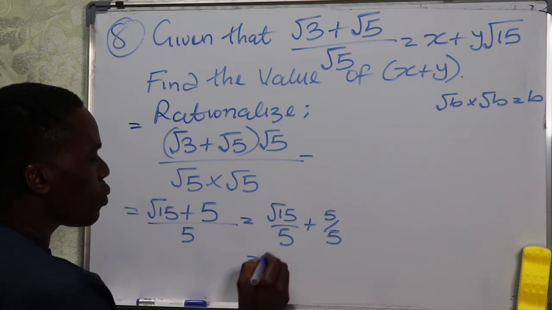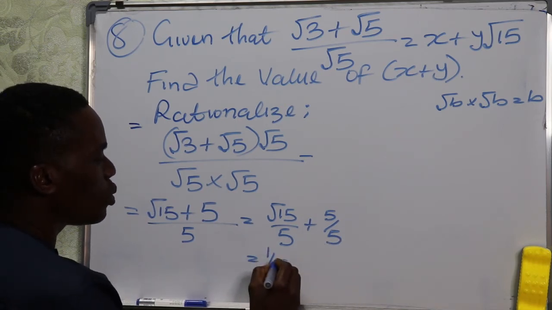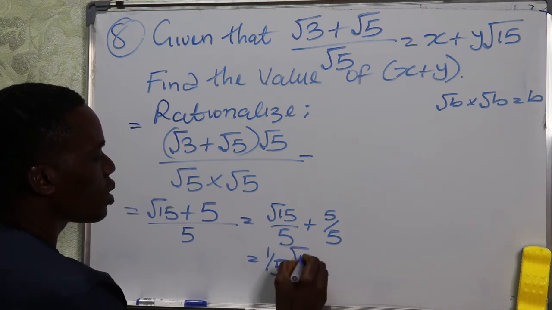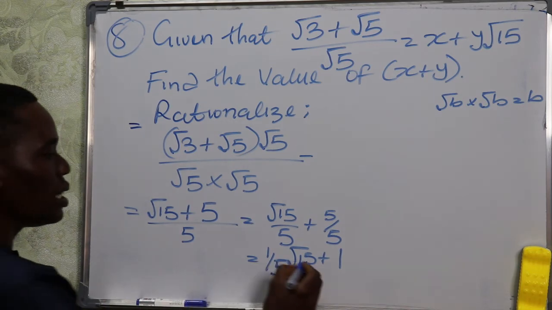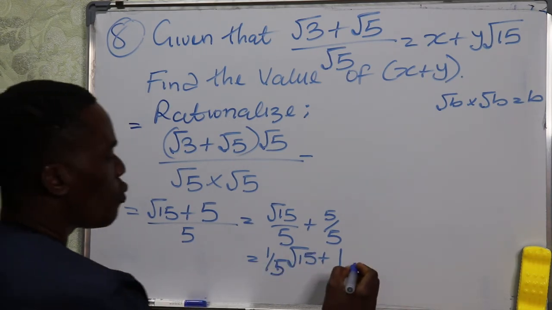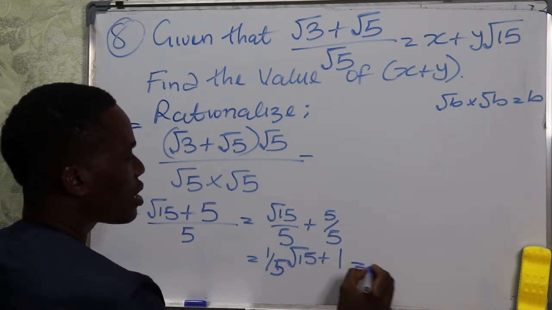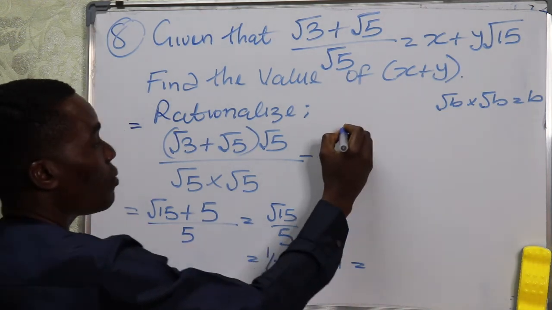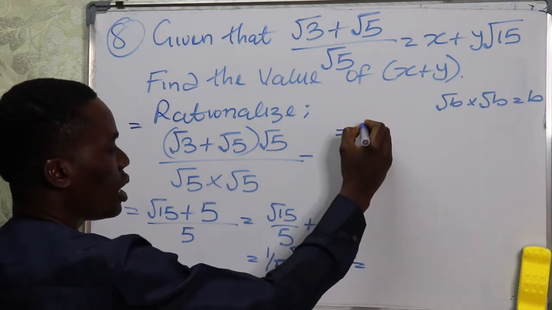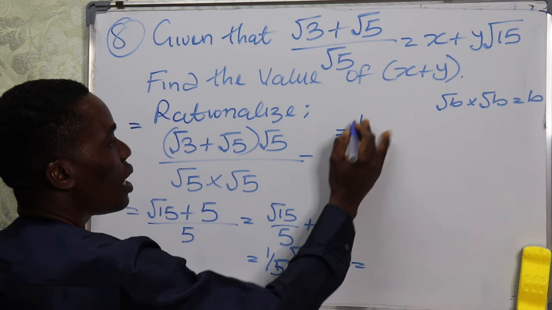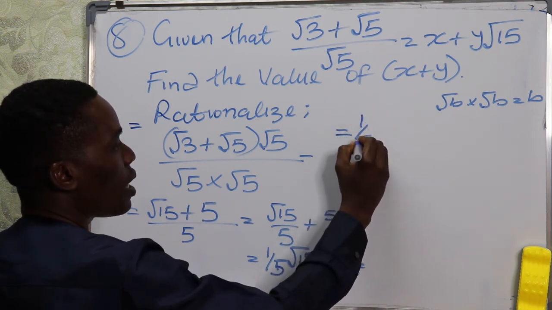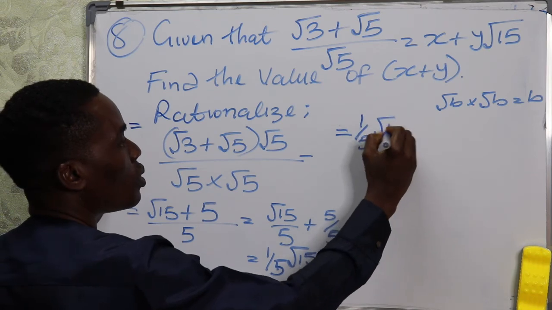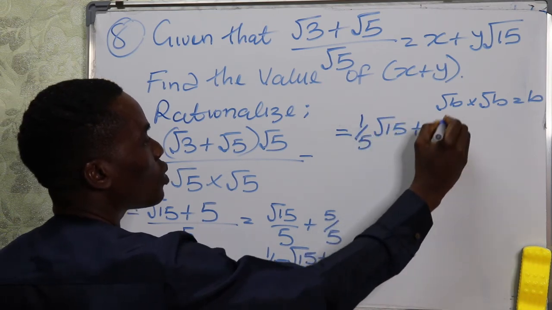So that will give me 1 over 5 times root 15 plus 1. Now in this instance, if we check this with this value, we have now gotten the solution as 1 over 5 root 15 plus 1.